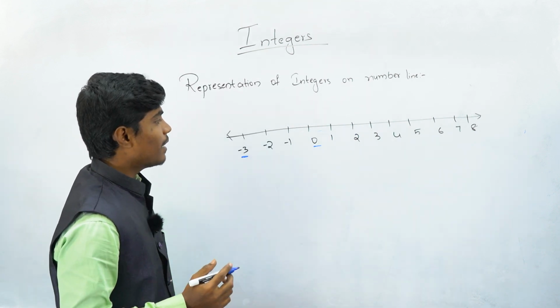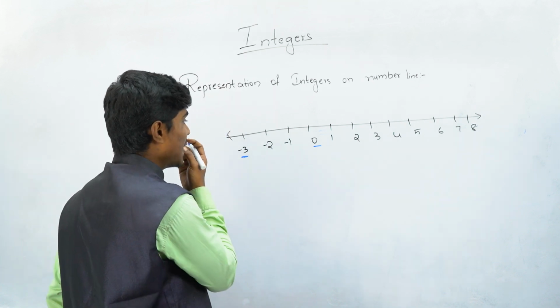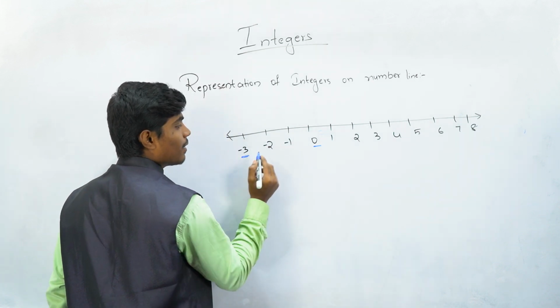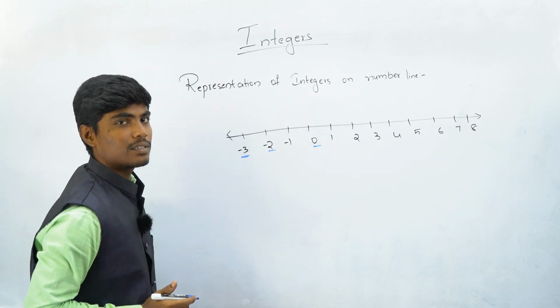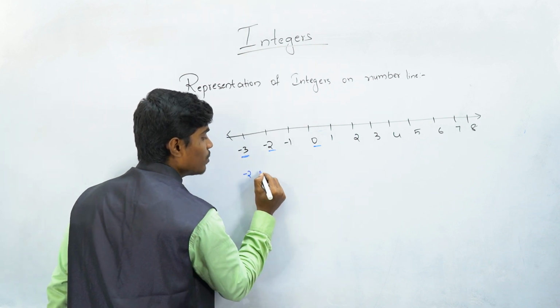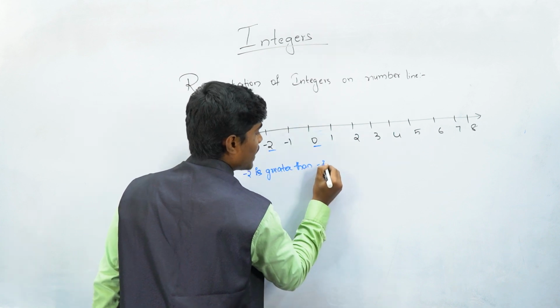Here every number on the right is the greater one. Take -3 and -2. -2 is on the right side of -3, so -2 is greater than -3.